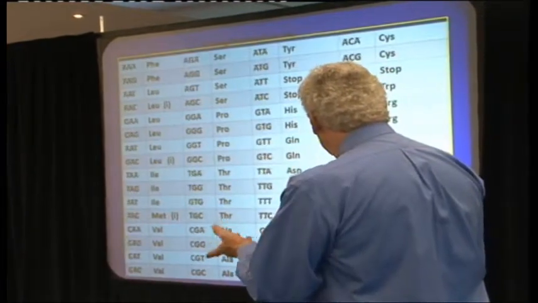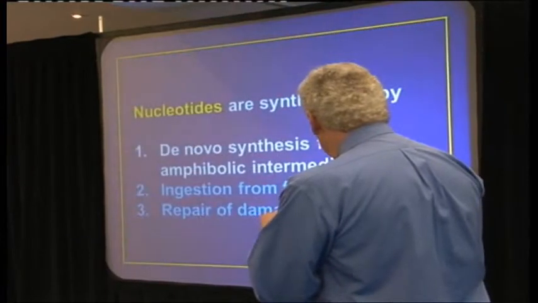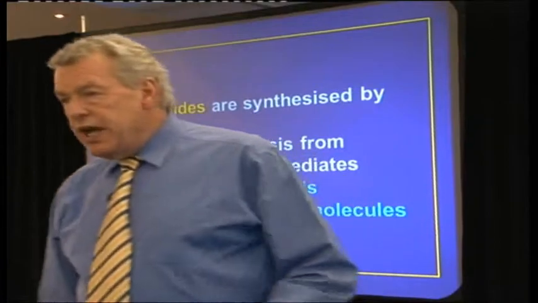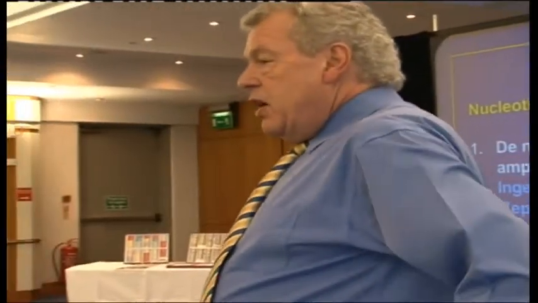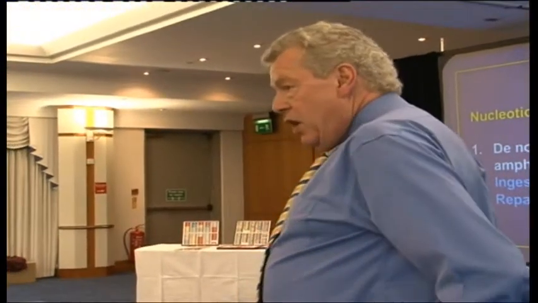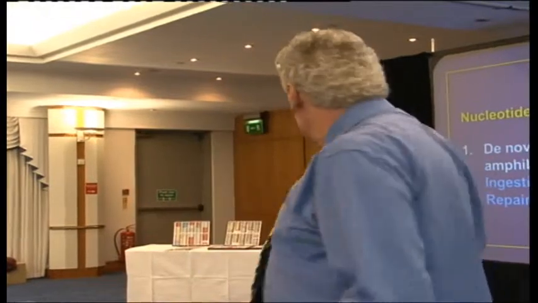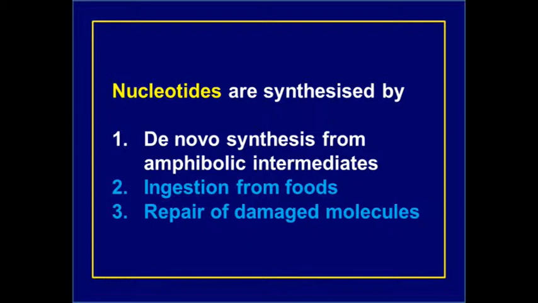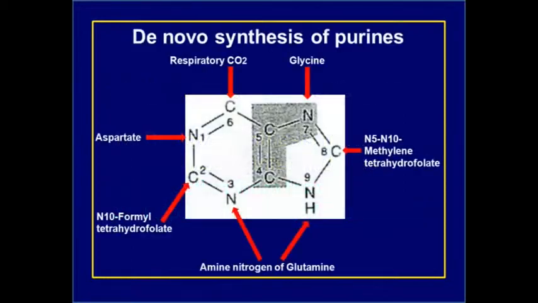So we know that we form templates. Nucleotides themselves, these building blocks, we can eat, we can create, and we can repair old ones. So these are the three possibilities. Now, we can make new bases from the raw materials. These raw materials are basically amino acids, aspartate here, glycine here.